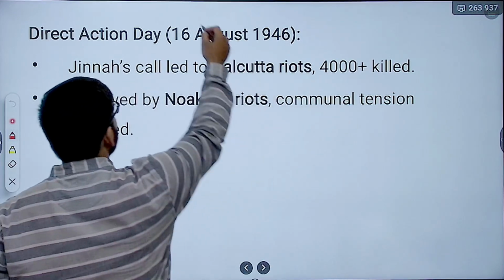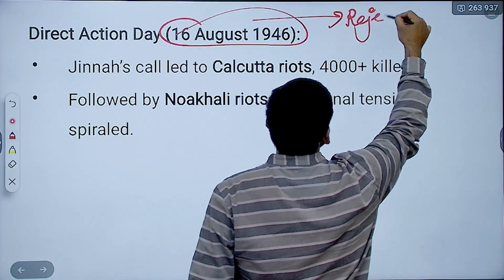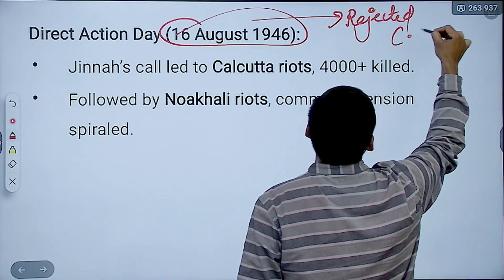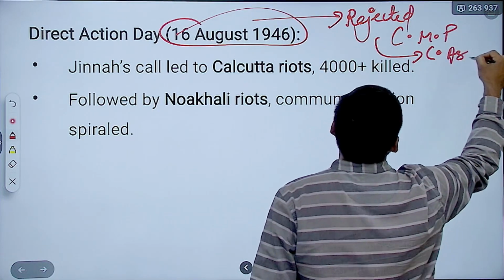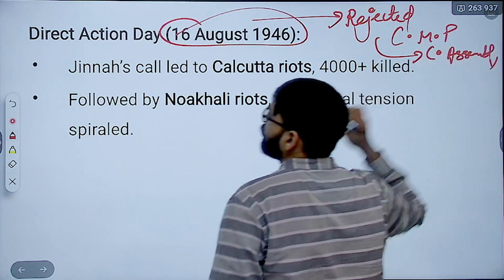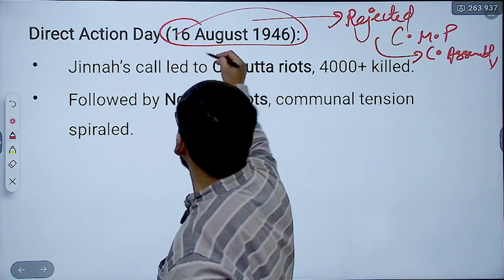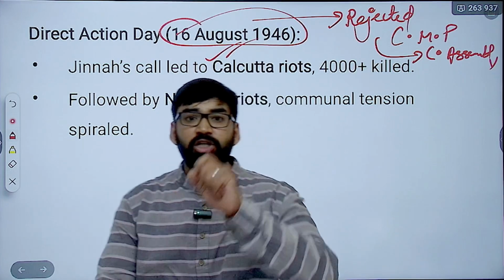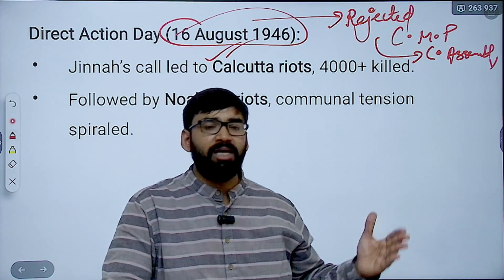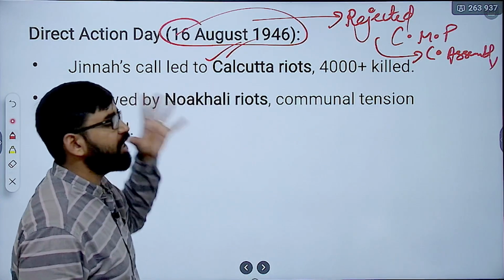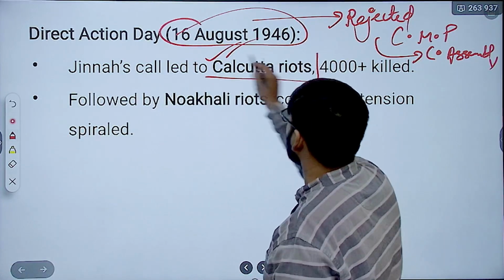And now on 16th of August 1946, Jinnah observed this day. This day was observed by the Muslim League as Direct Action Day, which is also called the Calcutta killings, Calcutta riots.